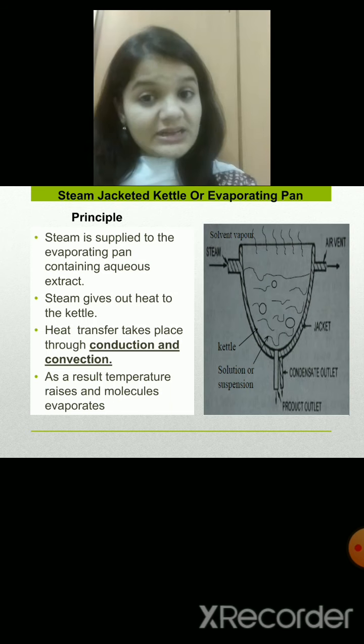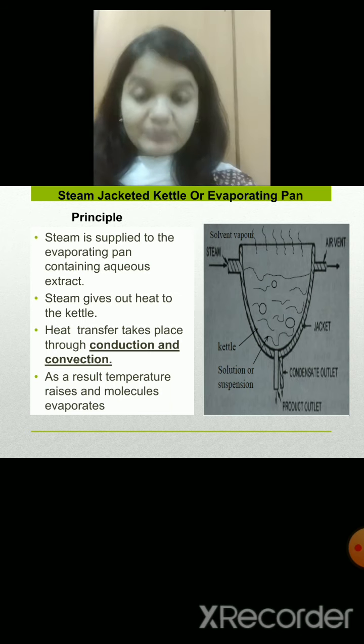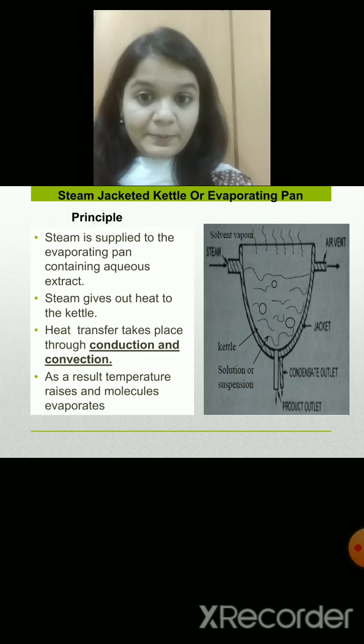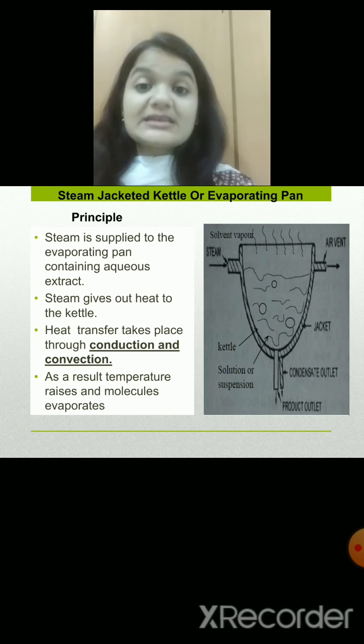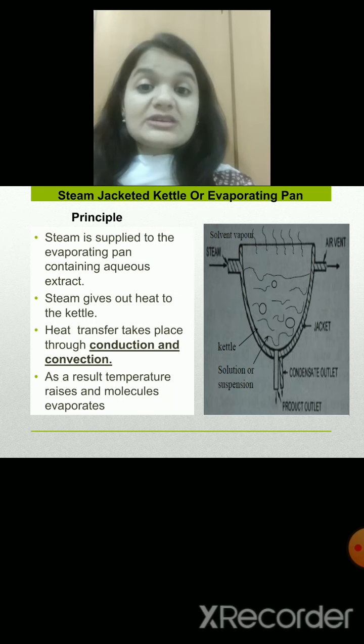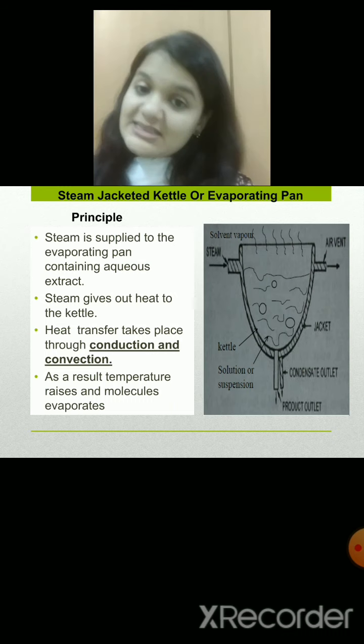If it is a single sheet, then there will be a small amount of sample. But if the sheets increase, then it is used for a large quantity of sample. The kettle is made up of copper, for it is a good conductor of heat. It is also tinned from inside. It is also known as tinned copper, as it is used for acidic material.